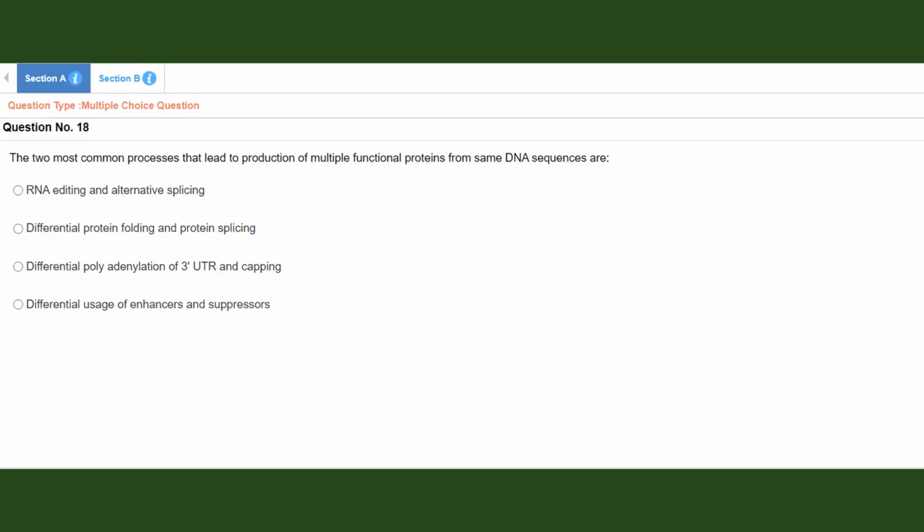Question number 18. The two most common processes that lead to the production of multiple functional proteins from the same DNA sequences are A. RNA editing and alternative splicing, B. differential protein folding and protein splicing, C. differential polyadenylation of 3' UTR and capping, and 4. differential usage of enhancers and suppressors.